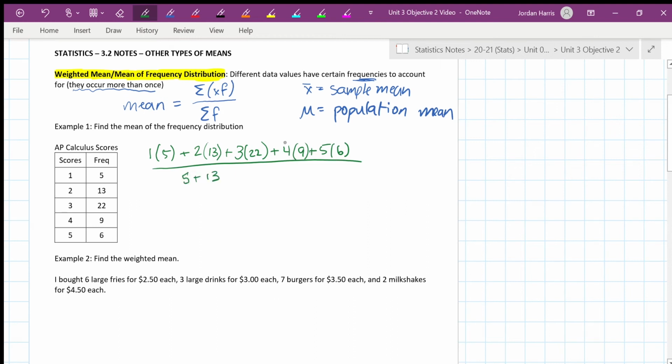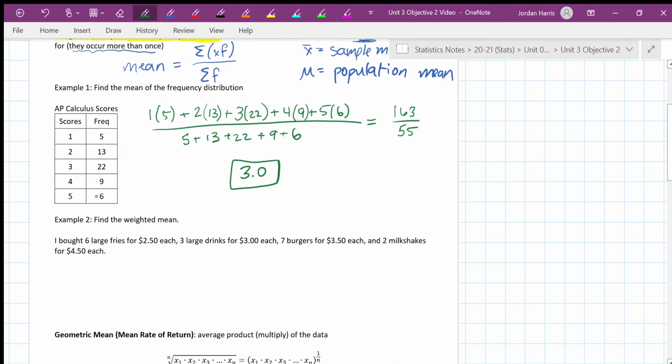So it's the sum of all the data points divided by how many there are total. Remember, frequency represents how many of each type. So we add up the frequencies, get a total. So we get 163 divided by 55, which you calculate, use a calculator, 163 divided by 55, 3.0. Okay, so the average score of 3, basically.